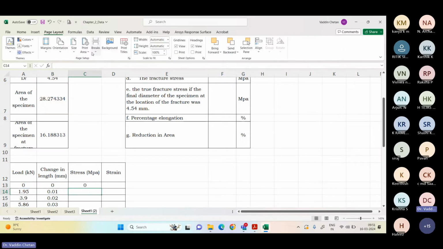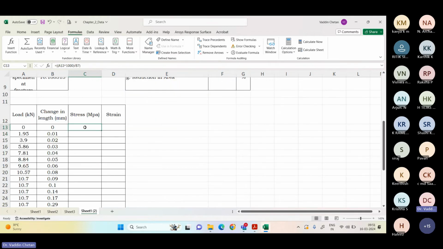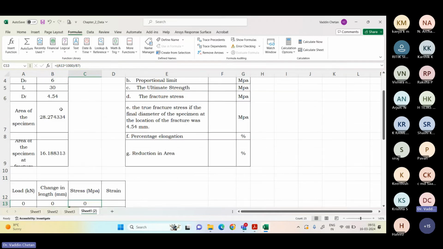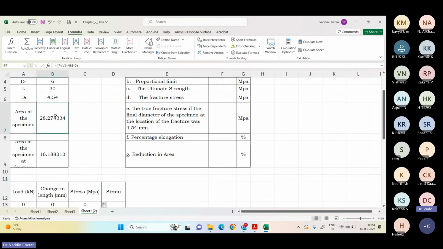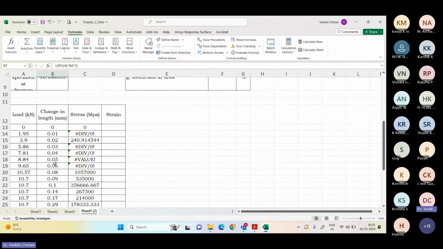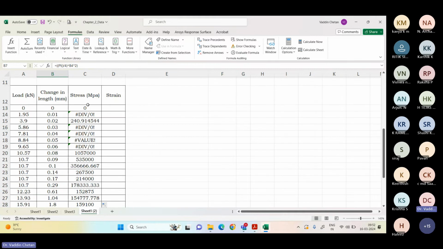Now, if you want to apply the same formula to the other cells, you can drag and drop. But when you drag and drop, you will see some error, because the area of the specimen is constant for the whole range, but in your formula it becomes B7, B8, B9, B10.